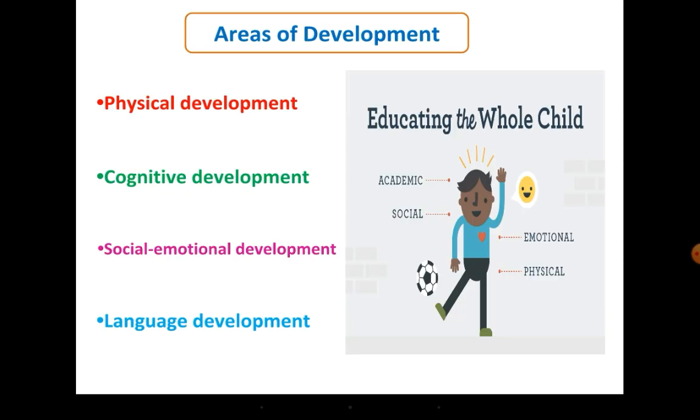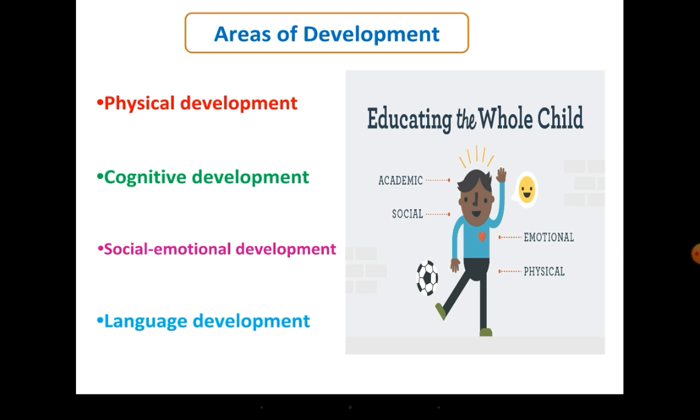The following areas are developed out of play. Physical development. Naturally, as play is a physical activity, the physical development of the child improves. As play involves creativity and imagination, it develops the cognitive development of the child also.